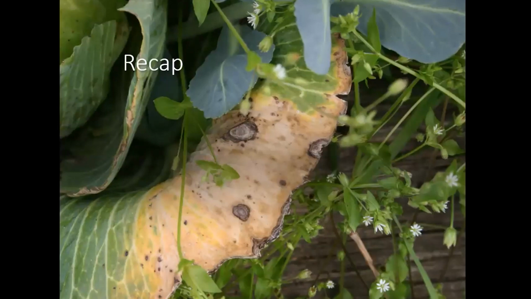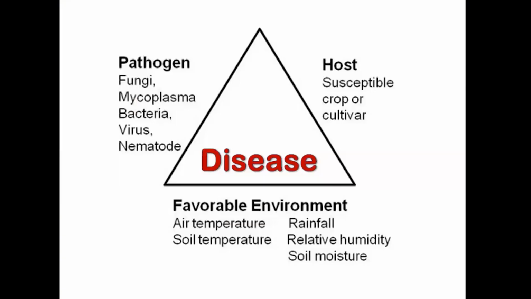Okay, so recap. What all did I talk about? I rambled on about a lot of different things, but in particular, the disease triangle. Your goal to manage disease is to break a side of the disease triangle. You can eliminate the pathogen by roguing, by pruning, by not bringing the pathogen in the first place, by fungicides.